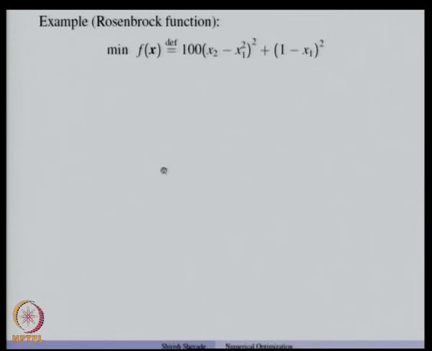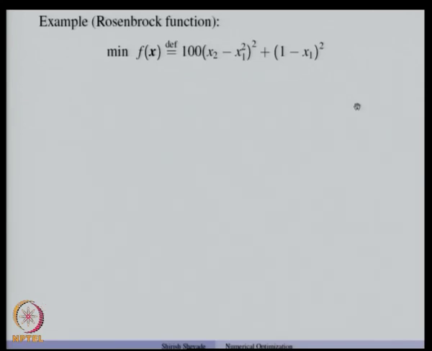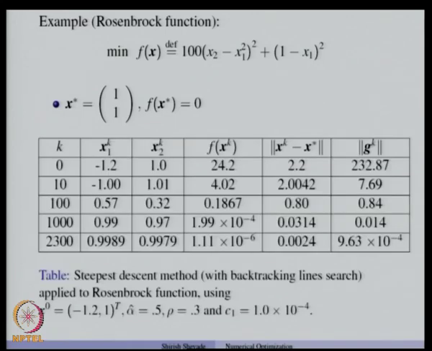Now, if we turn to the other example where the initial point was -1.2 and 1, and as we have seen here it requires lot more steps to go to the minimum. So, let us study the behavior of this algorithm. So, you will see that the algorithm required about 2300 iterations before it reached close to the minimum.